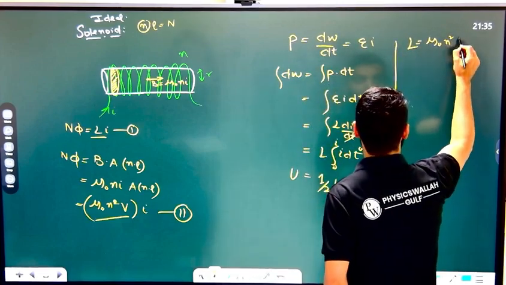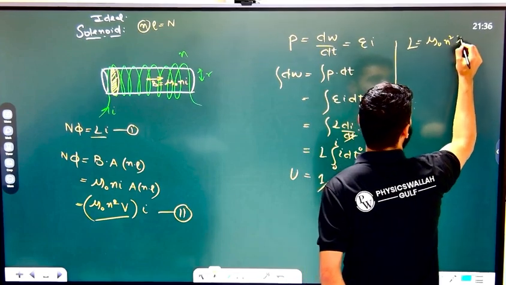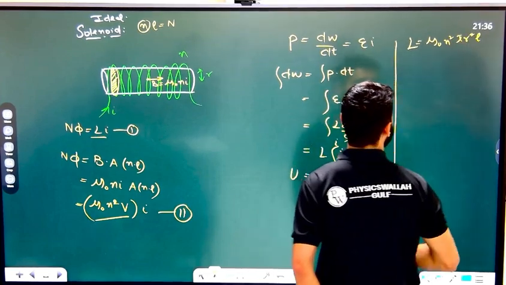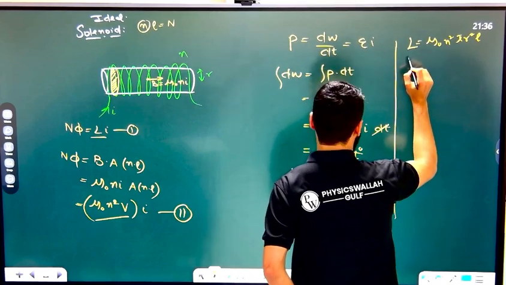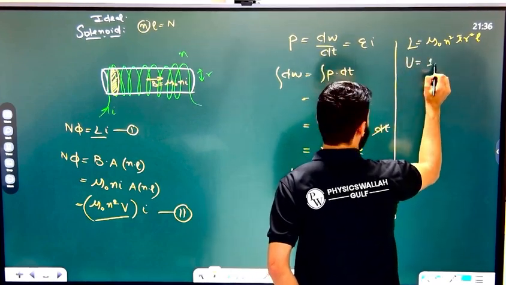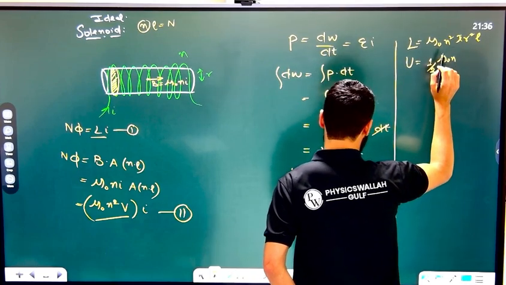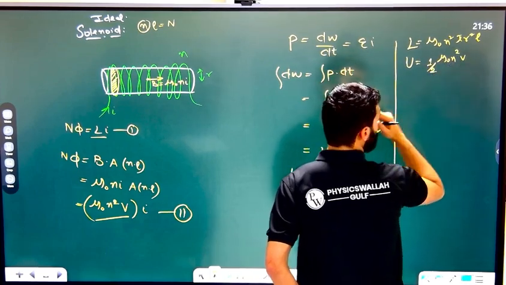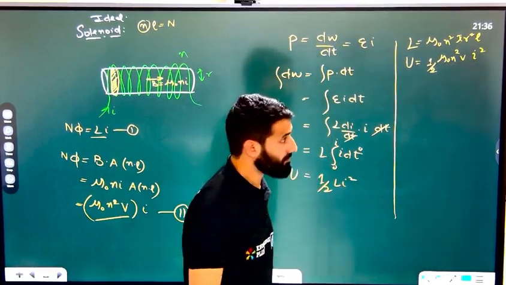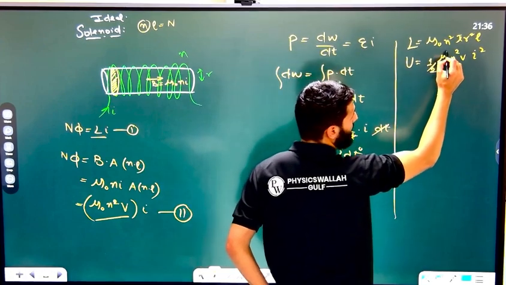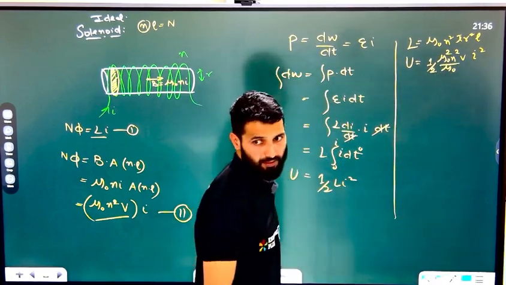Mu naught N square into V. Remember this directly. Volume is pi R square into L. If we place it here, we get half mu naught N square V into I square. Finally, if I square this and divide by mu naught, no issues, right?